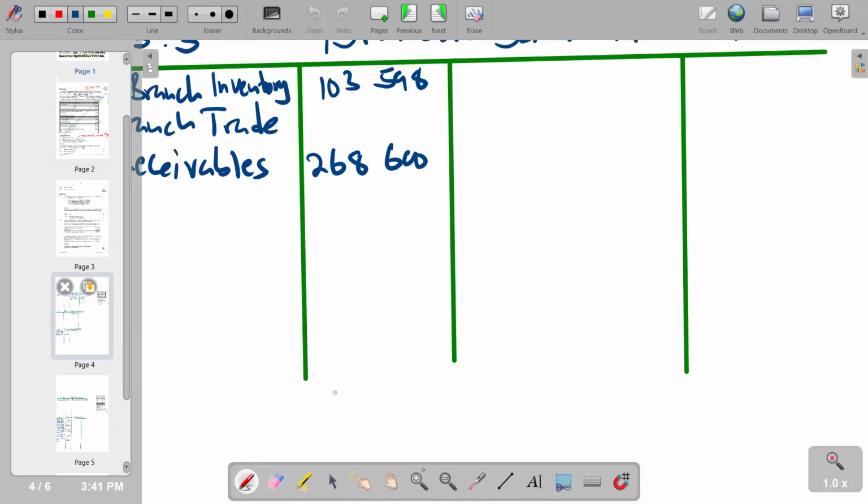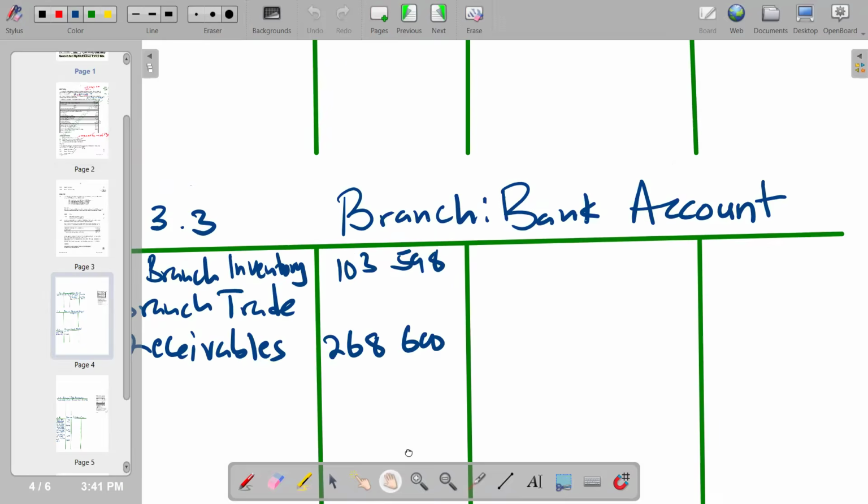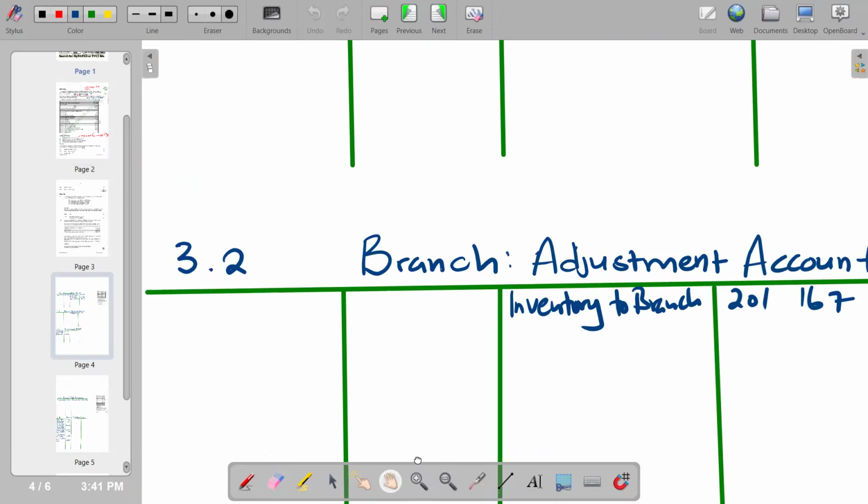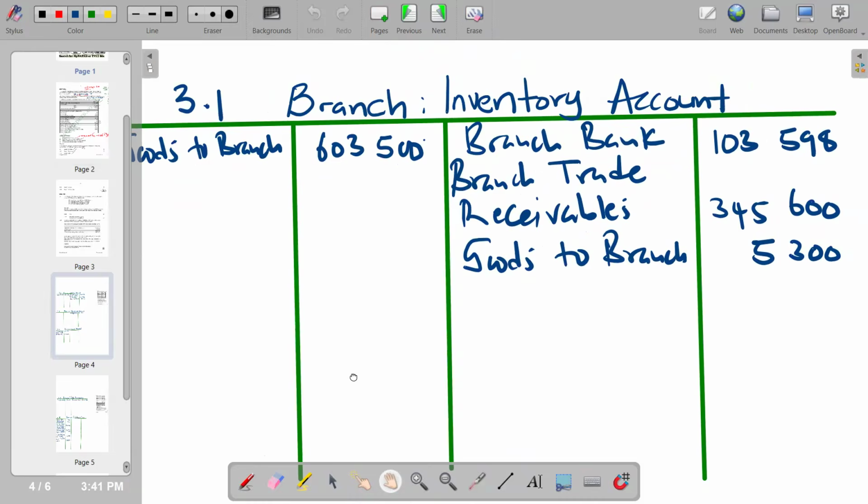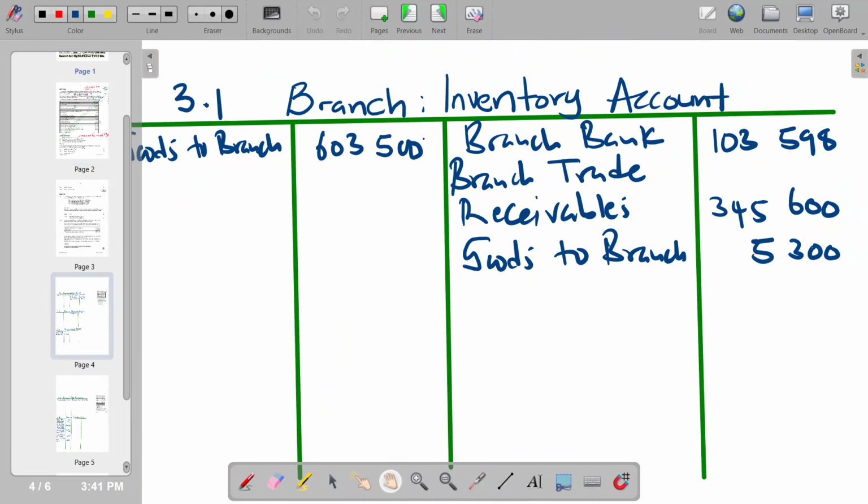So we check the branch inventory. Remember, it's supposed to go to the branch adjustment. So you're saying branch adjustment, which is 22,400. And then we go to the debit side.